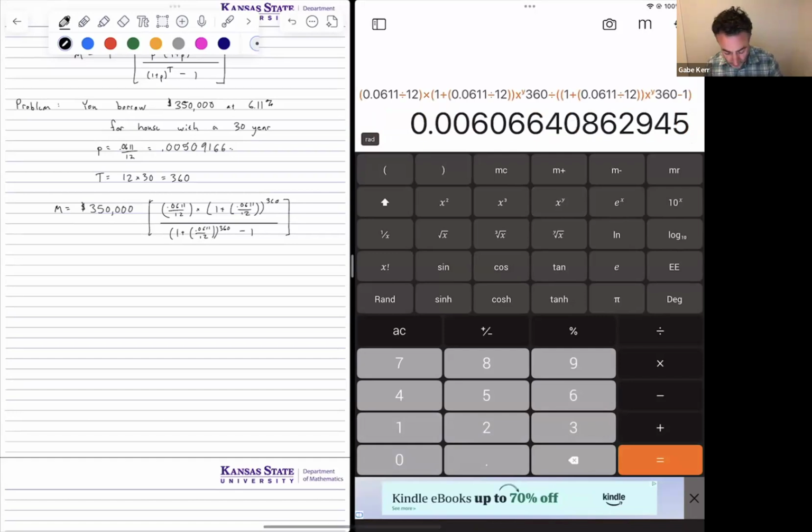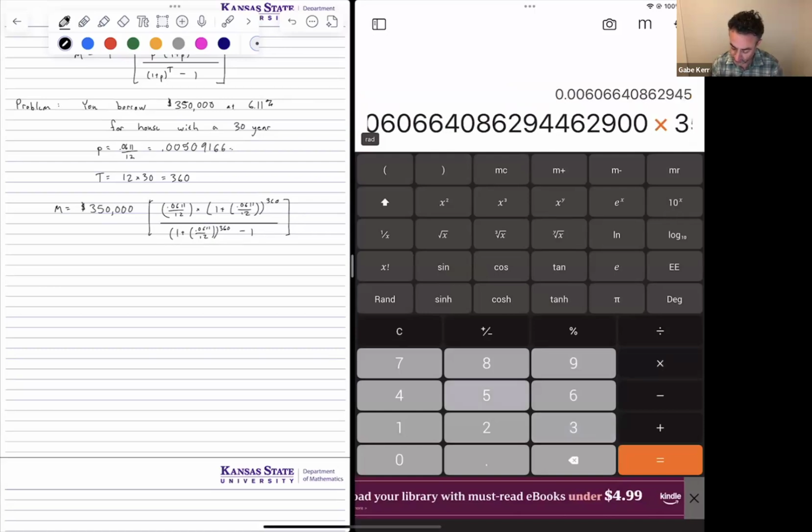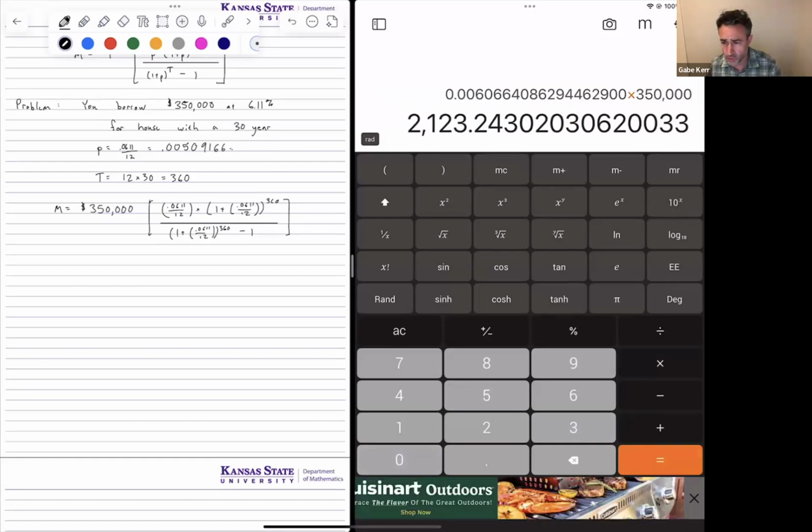And this is equaling 0.006, blah, blah, blah. And I need to multiply that by my principal of $350,000. And I get 21, 23, and 24 cents.